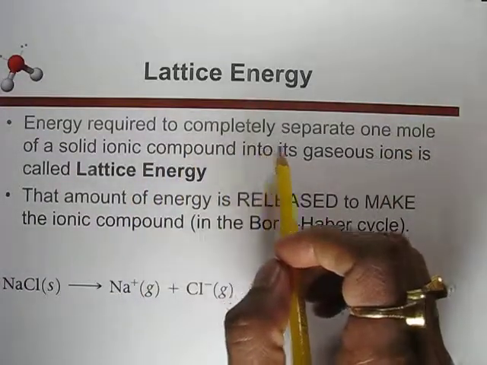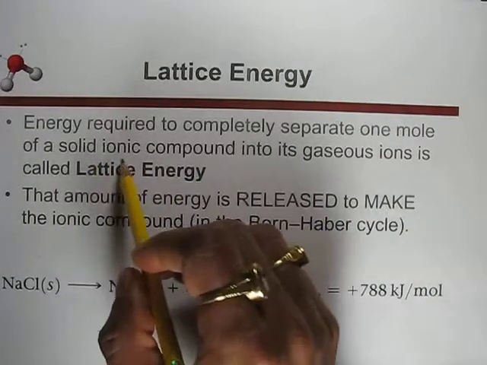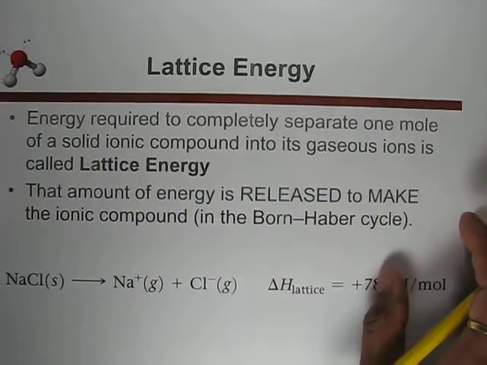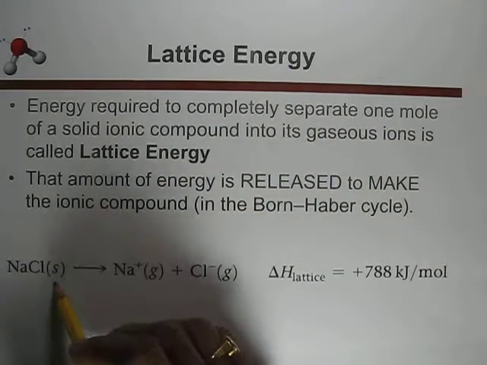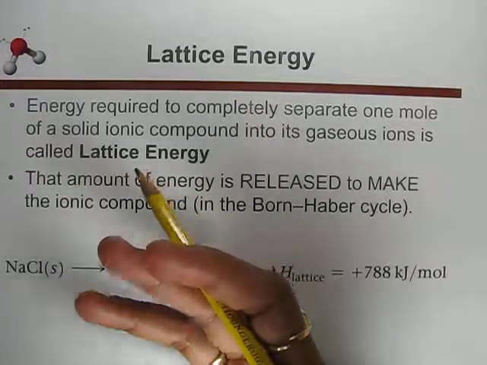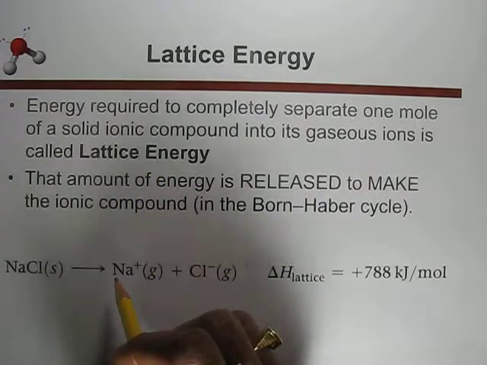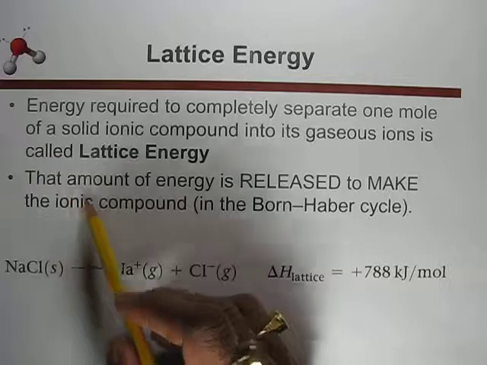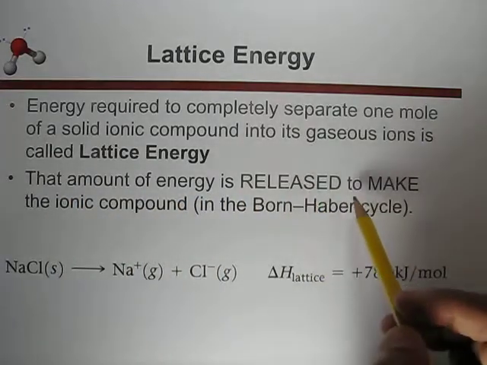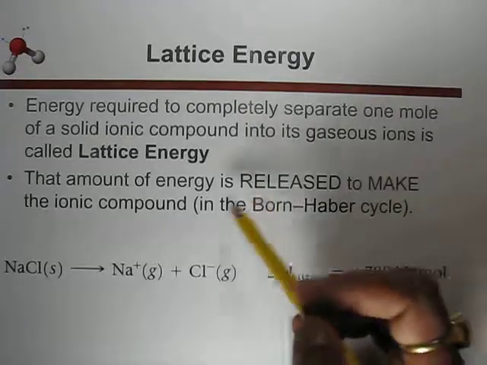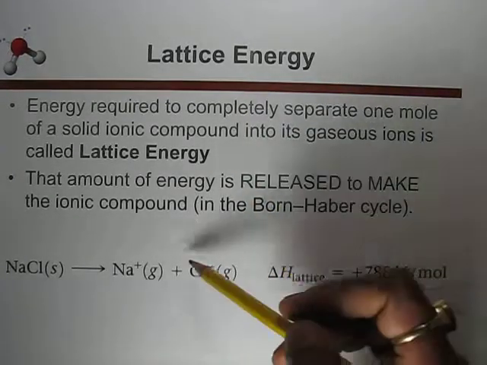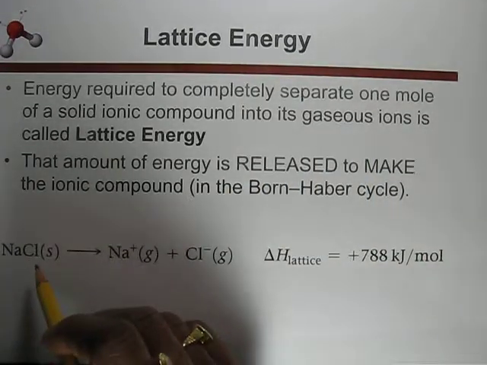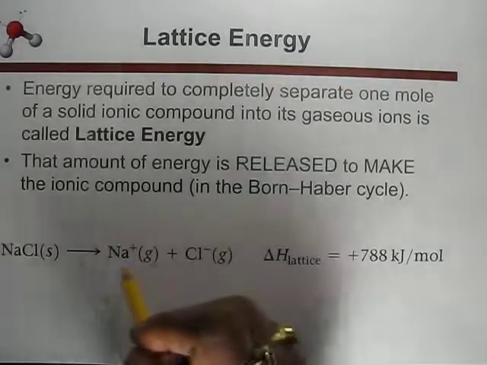The energy required to completely separate 1 mole of a solid ionic compound into its gaseous ions is called the lattice energy. If you have 1 mole of solid sodium chloride and want to convert it into 1 mole each of sodium ions and chloride ions, that is the lattice energy, which came from the Born-Haber cycle.